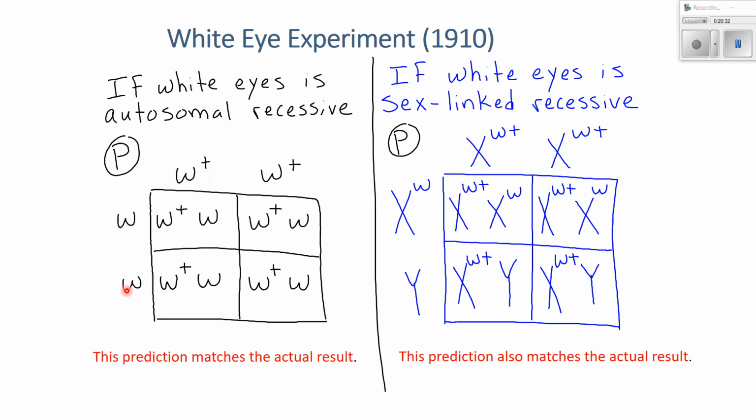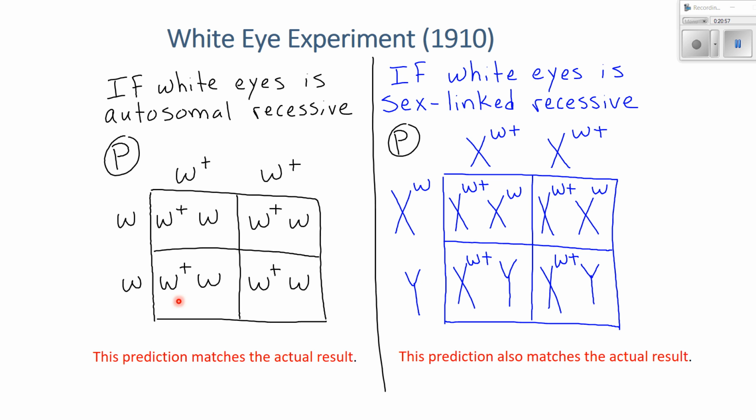So this is homozygous white eyes crossed with homozygous red eyes. And of course, you're going to get nothing but heterozygous, W plus w. And because W plus is dominant, every one of these flies is going to have red eyes. And that matches the actual result that Morgan got.